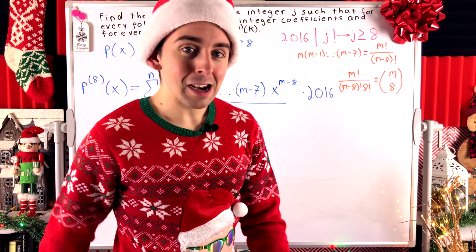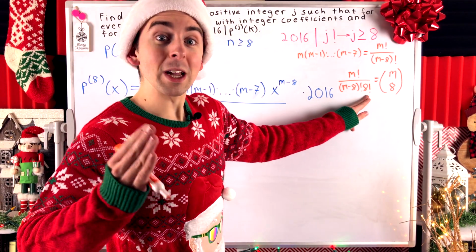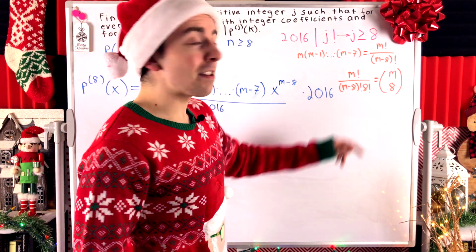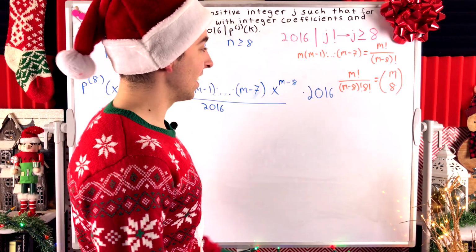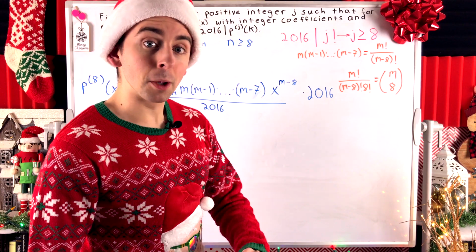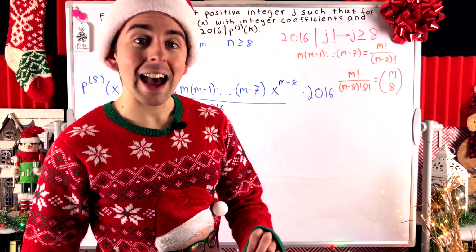Now what's so great about this? What's so great about it is that 8 factorial, we already know, is a multiple of 2016. 8 factorial is equal to 20 times 2016. So now we have introduced division by a multiple of 2016 while still guaranteeing we have an integer.